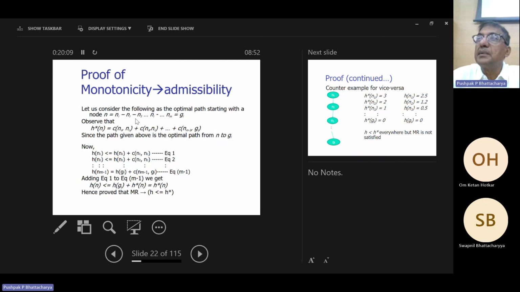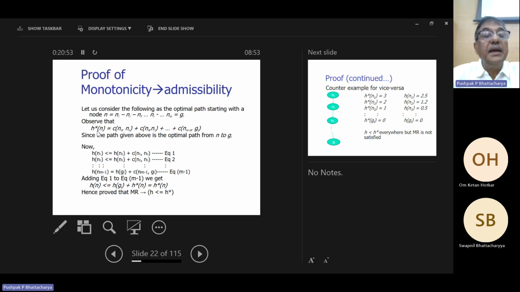You start from the optimal path from S to G, or from any node to G. Let us consider the following as the optimal path starting with a node n. We are interested in showing that H(n) is less than or equal to H star(n). That is our goal. So the path is n1, n2, n3, up to nm equal to G. So we are considering the optimal path from n to the goal node G.